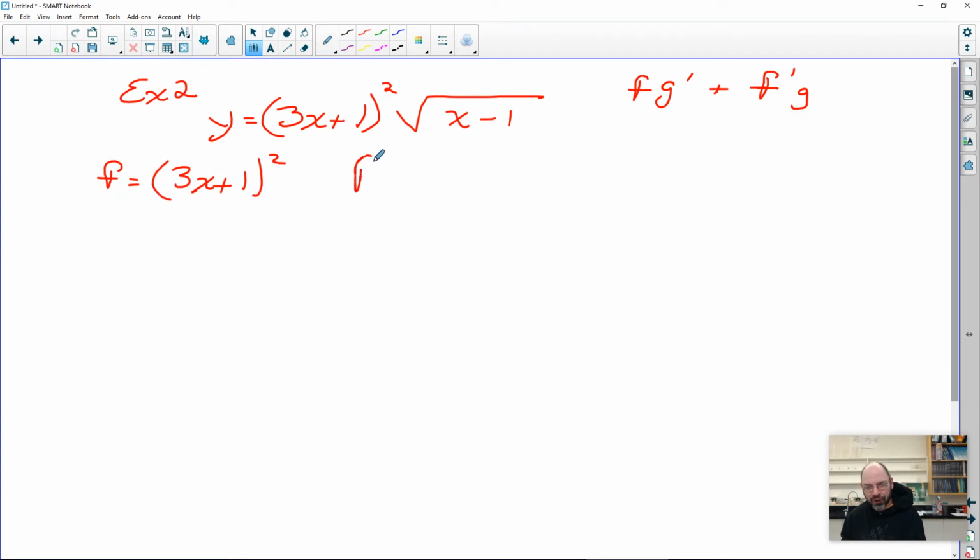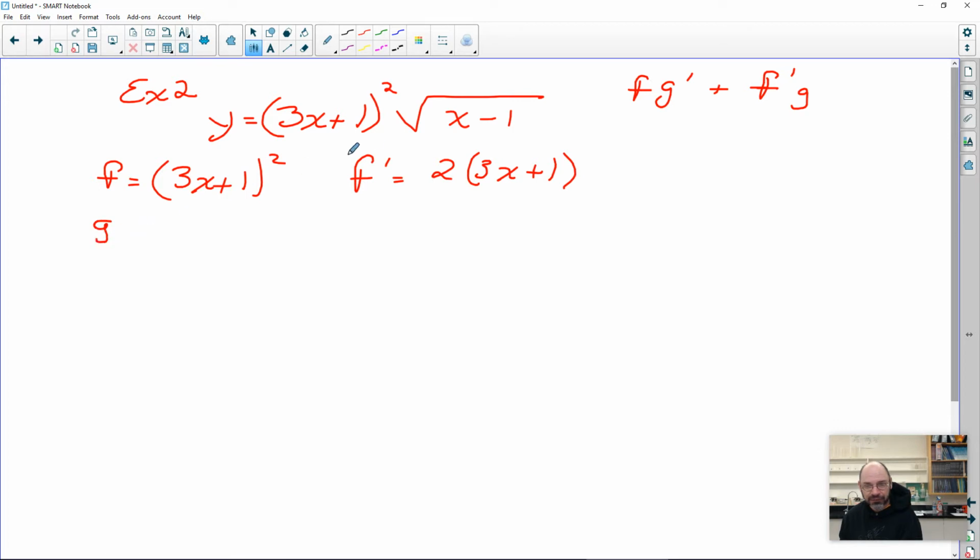So if I were to f prime that using the chain rule, we've got to bring this out front. 2 times what's inside the brackets, 3x plus 1, and we have to subtract 1 from the power, so the power of 1. So we can just leave it like that. We could even expand that out, but we're not going to bother because we'll leave it in factored form.